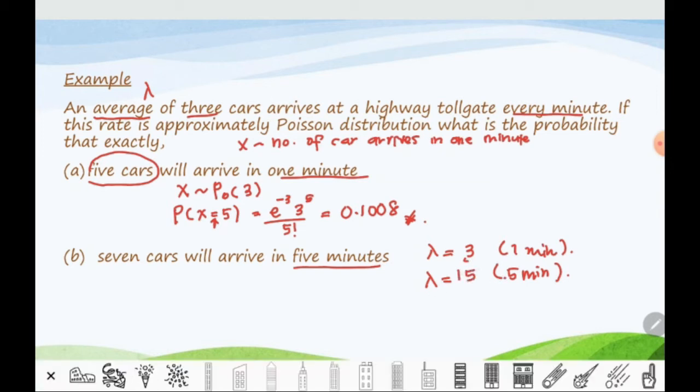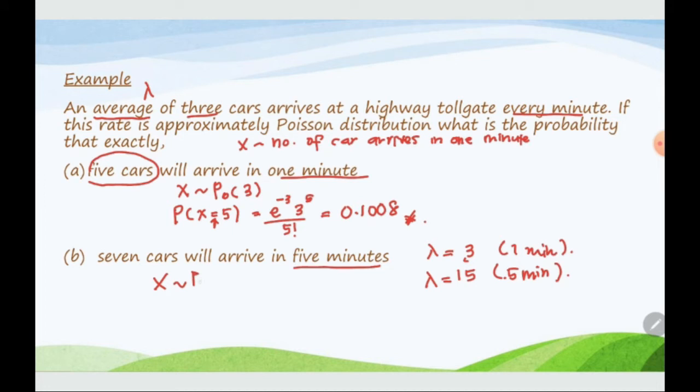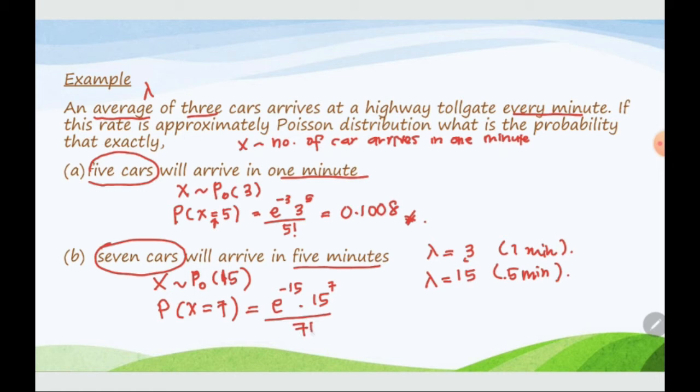This is the new lambda, so we have a new Poisson distribution with lambda 15. We need to find 7 cars, so X equals 7, using the formula as well: e to the power of negative 15 times 15 to the power of 7, over 7 factorial. Then you can calculate on your calculator. You will get 0.0104.